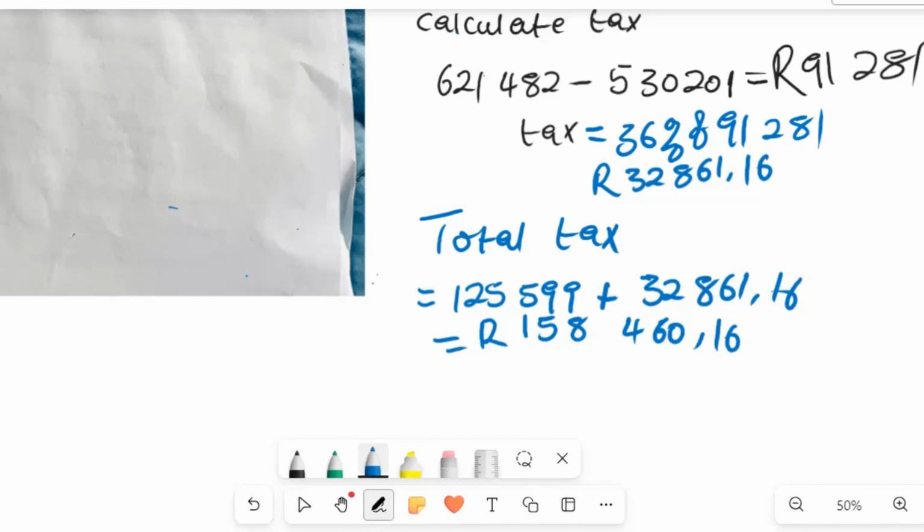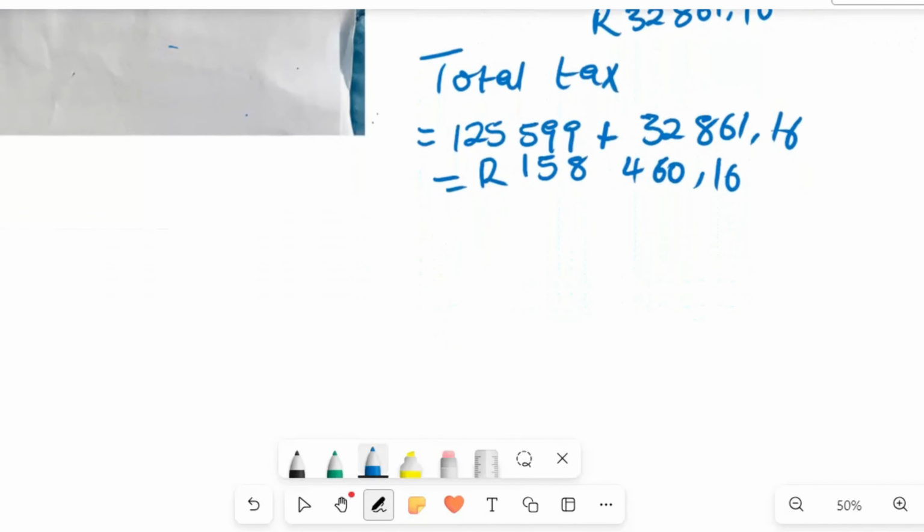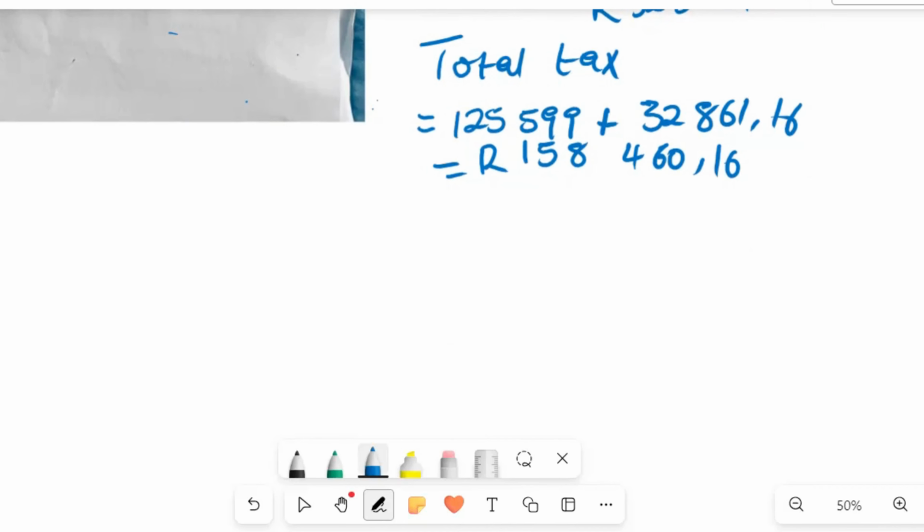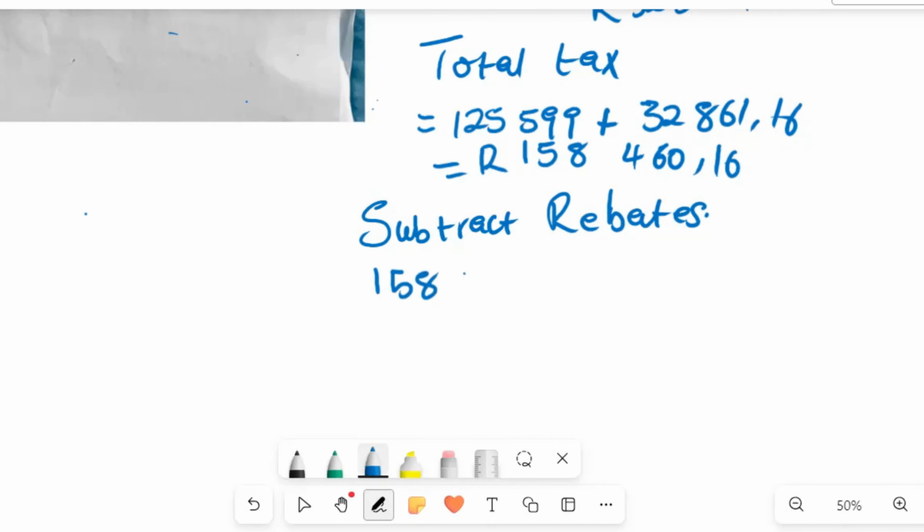Now, in the next step, we are going to subtract the rebates from this money. Remember, we have calculated to get 27,585. So we'll subtract it from 158,460.16.